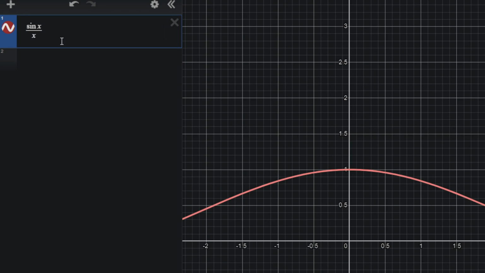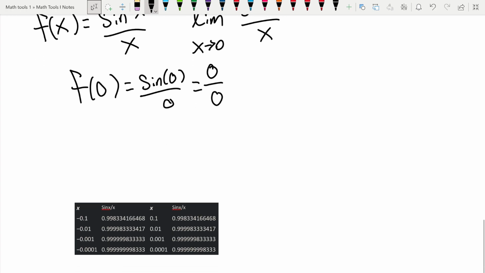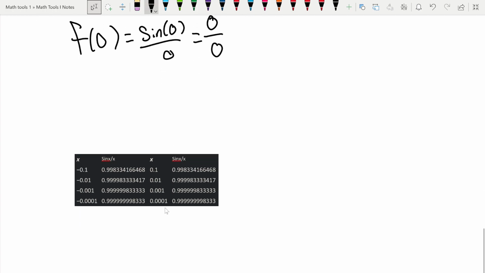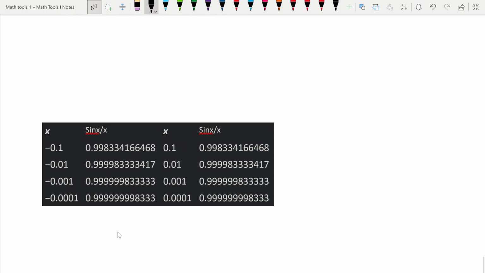Well, another way we can confirm our suspicions is by using the table. Here we have a table of values, already pre-made because these are a little tedious to make. So we can see these are the values that we'd want to plug in.